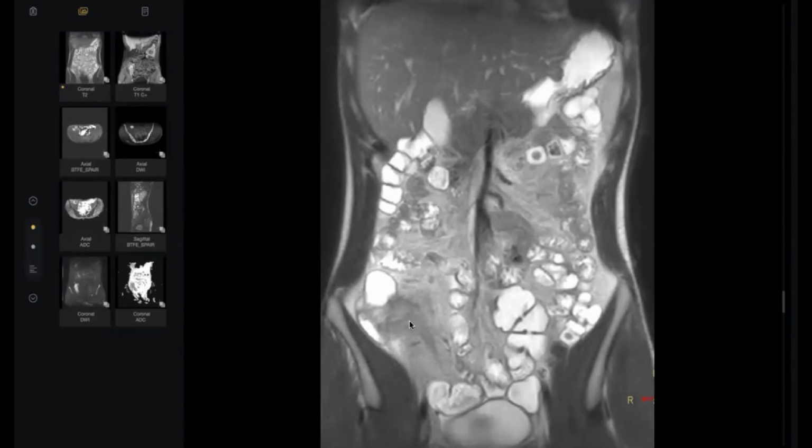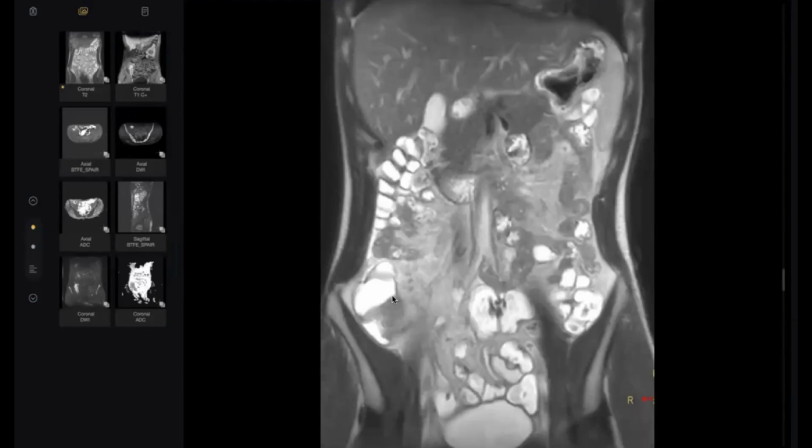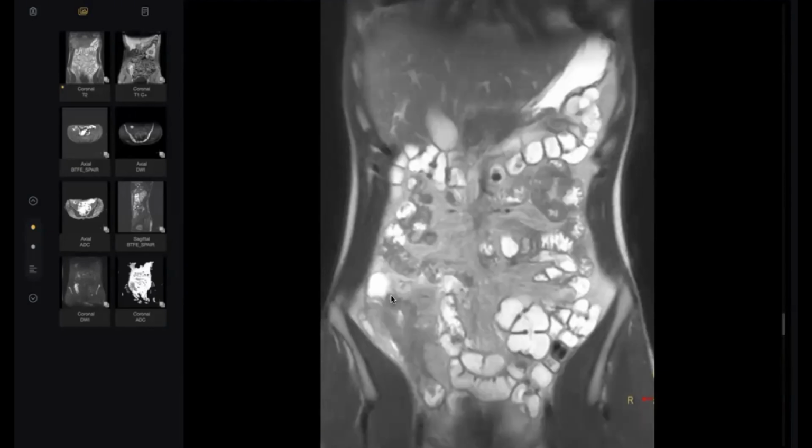Sir, in typhlitis there is usually fat, creeping fat. Sir, history of neutropenia. No. What else? Sir, any immunocompromised state or any history of chemotherapy? No. So, what sequence do you want?